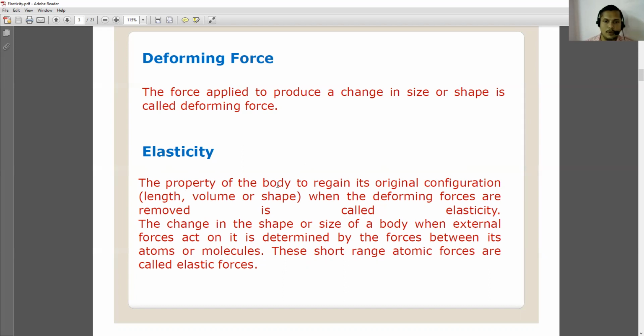So it is a property of the body. What it means is to regain its original shape and size, like length, volume, or shape, when the deforming forces are removed. For that, we first have to know what is meant by deforming force. The force which changes the shape and size. When we remove that deforming force, the body regains its original shape and size. This property is called elasticity.